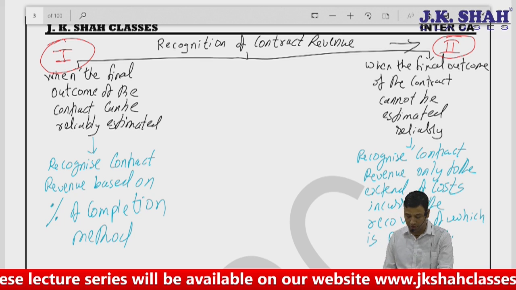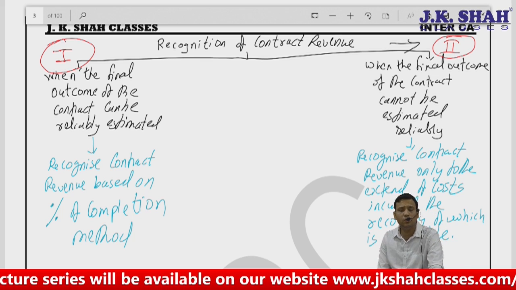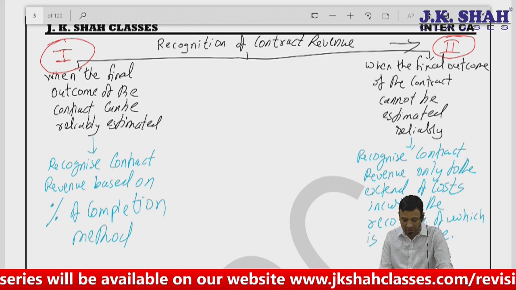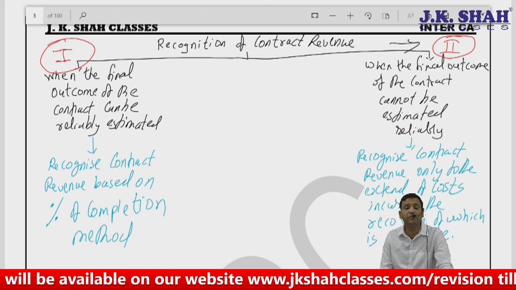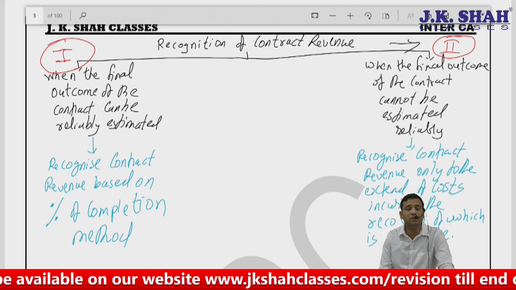You should recognize contract revenue only to the extent of cost incurred, the recovery of which is probable.